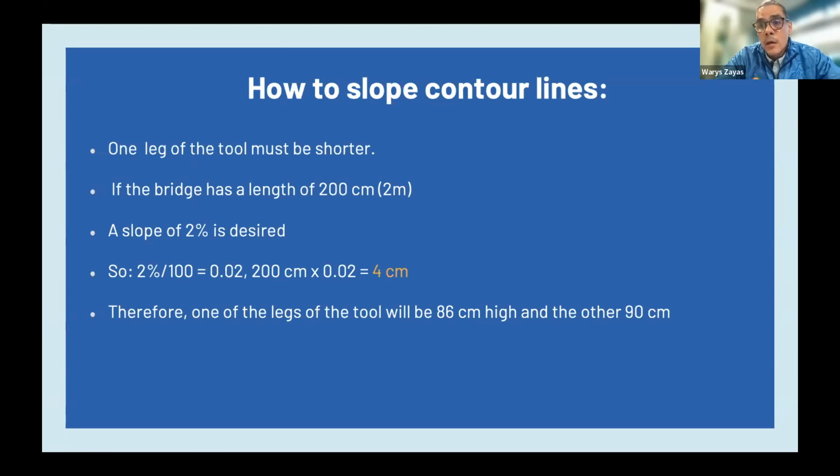Okay, if we want to adjust our tool to give that slope percentage, the only thing we need to do is to make one leg of the tool shorter, right? And to determine how much shorter that leg should be, we do the following simple mathematical exercise, right?